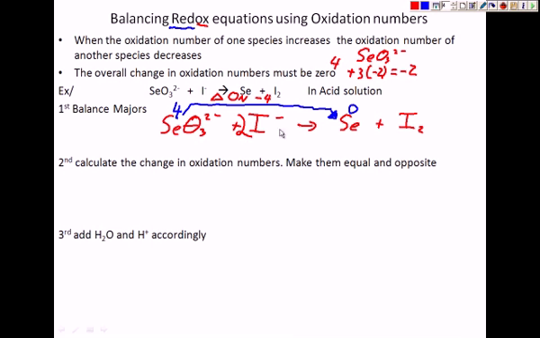Now let's look at the change in this one. We have I minus, and so the oxidation number of this one is minus 1. And the oxidation number of I2 is, well, that's easy, 0. So what is the change in I minus?